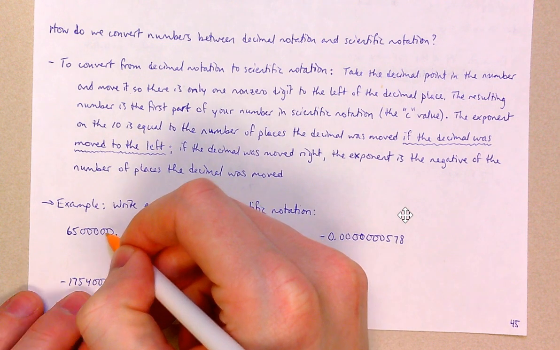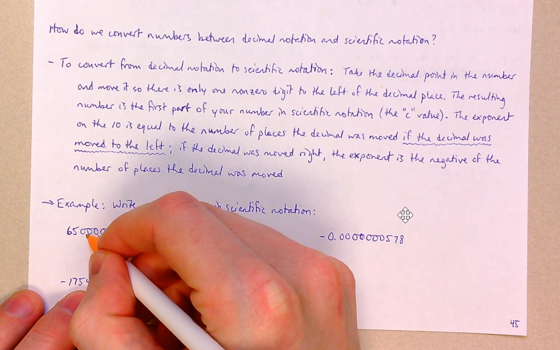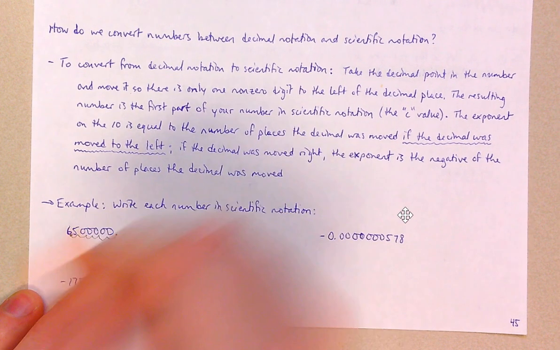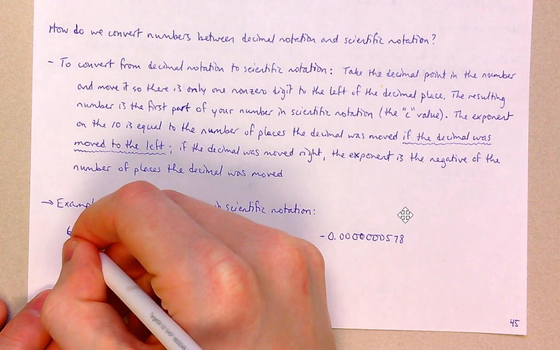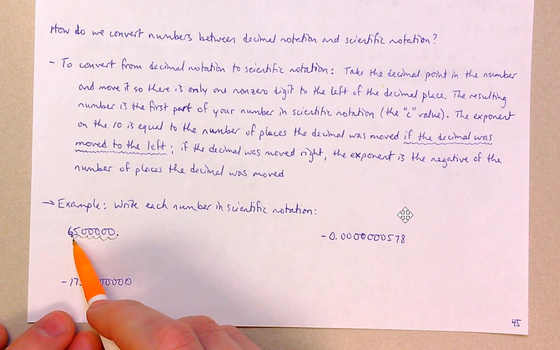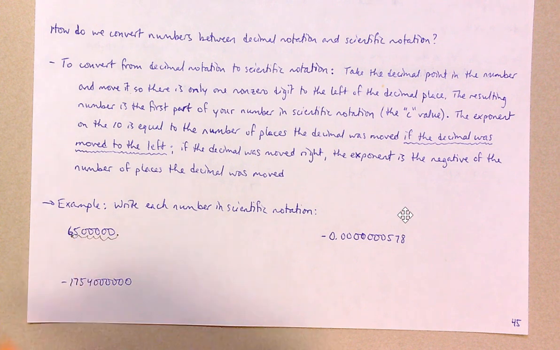To do that, I have to move it left. 1, 2, 3, 4, 5, 6. So I'm stopping, putting my decimal point right here. When I put it there, there is only one digit to the left of my decimal point.